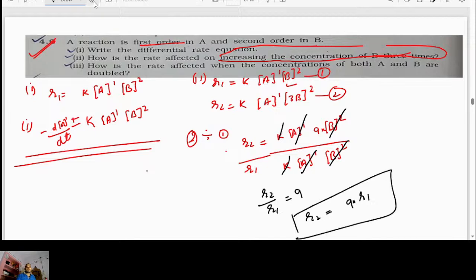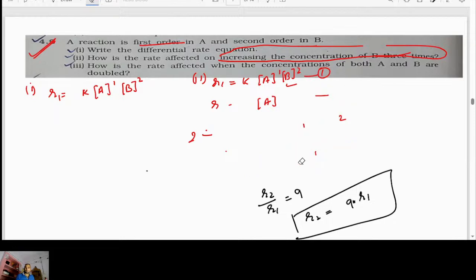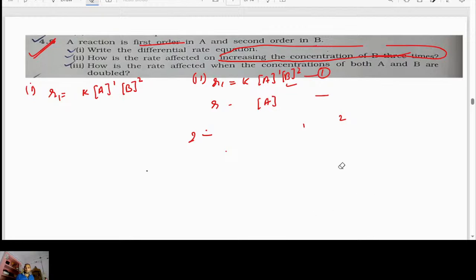Now we are going for the last portion of the question. Let us try to understand the last portion.